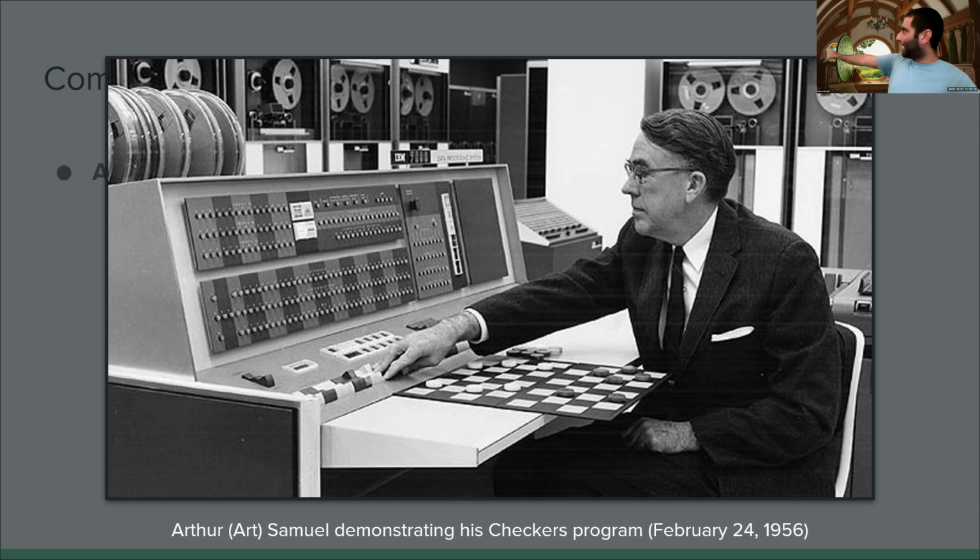He actually has a checkers board in front of him, and then he translates his move into some type of non-intuitive control for the computer to be able to interpret. The computer then, I think, changes lights or some other type of primitive display, and then he translates that into gameplay on his physical checkers board.